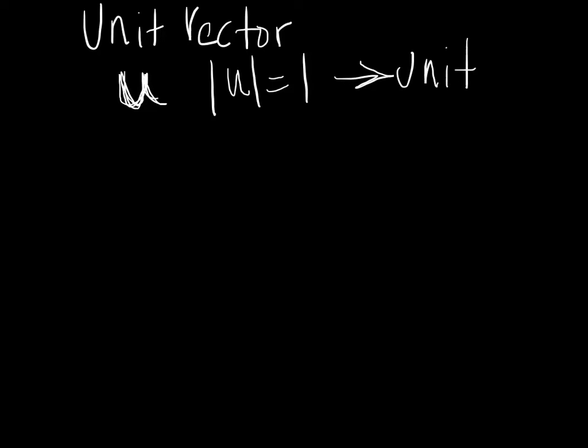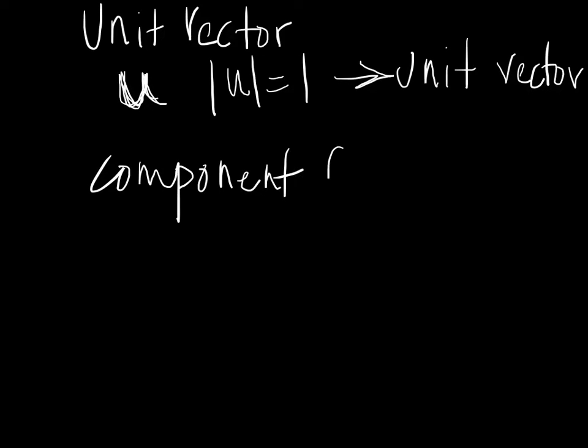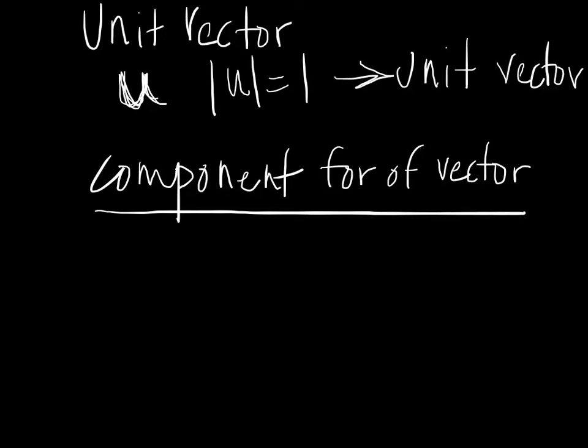It's just one unit. To find a unit vector, what it boils down to is you can take the component form of any vector and divide it by the magnitude of that vector.